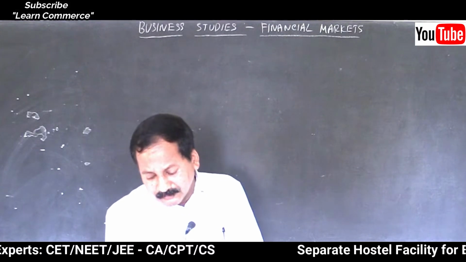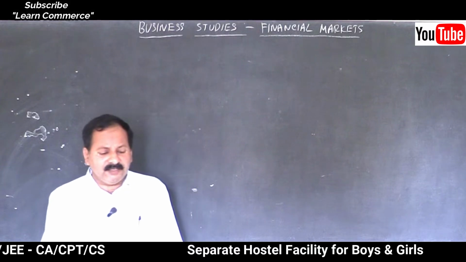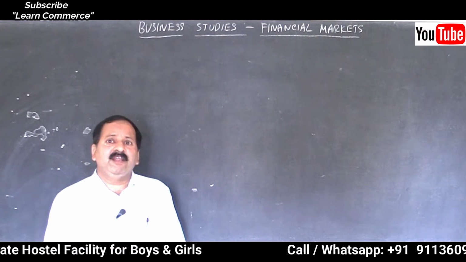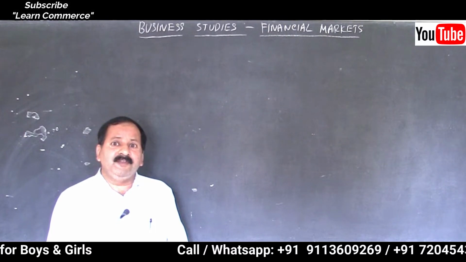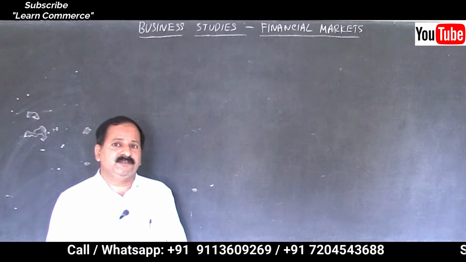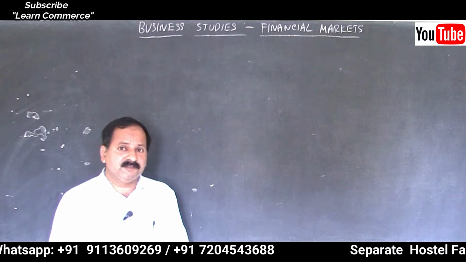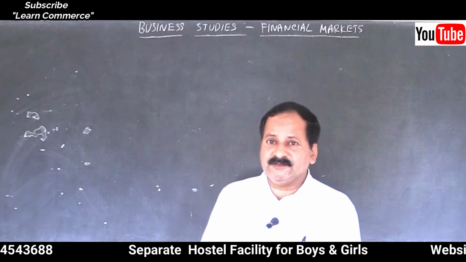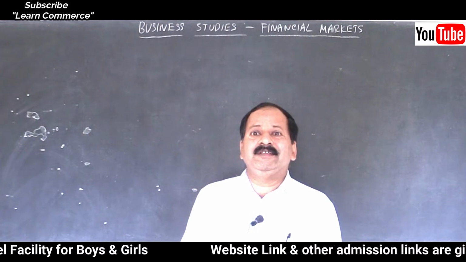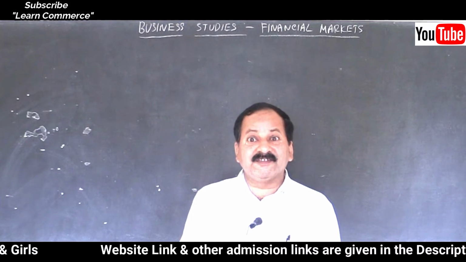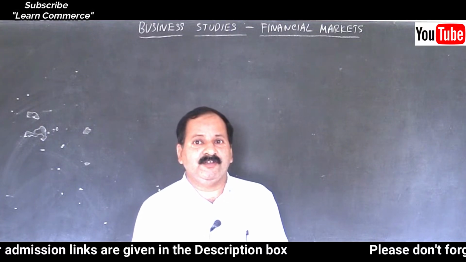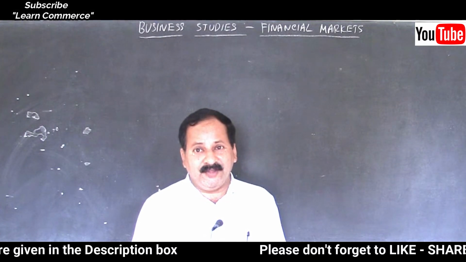Before that, I told you, in case of a financial market, we deal with different instruments, securities like debentures, shares, we invest. And because of the computerized system, online trading system, the transaction costs have been drastically reduced nowadays.